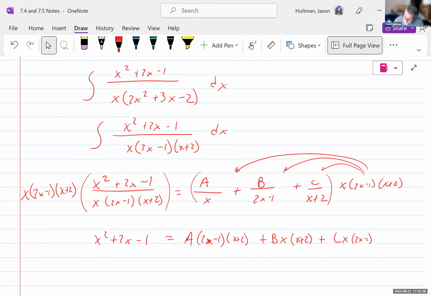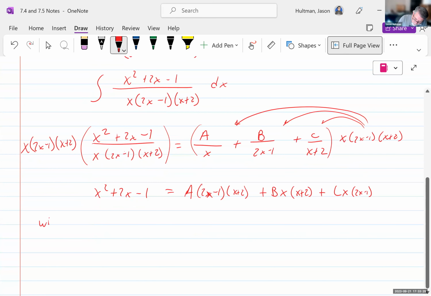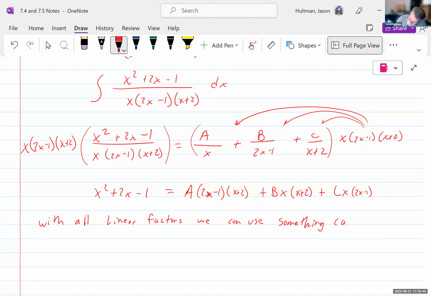Okay, now with all linear factors, we can use something called the Heaviside technique.